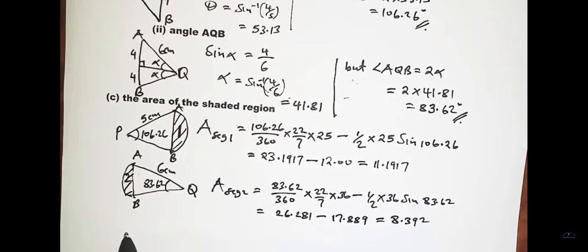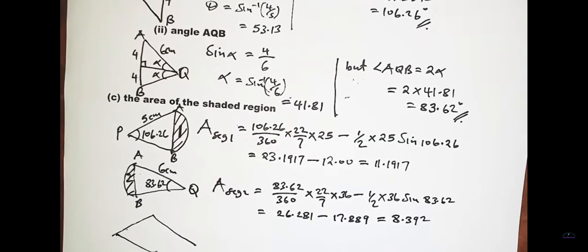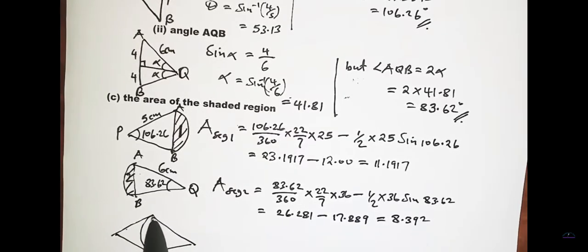So in order to get the area of the shaded part, we are going to combine the two segments, and when you combine, we are going to have something like this. So we are going to combine segment 1 with segment 2 to form the shaded part.